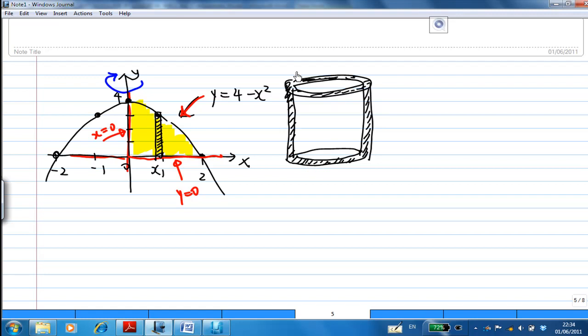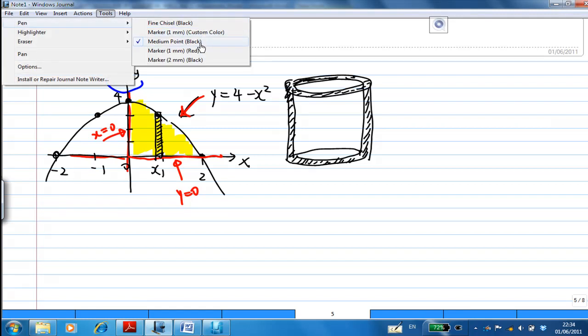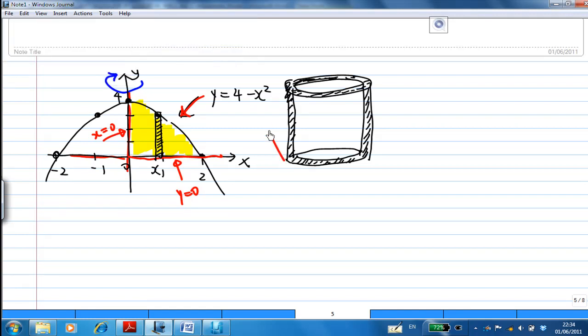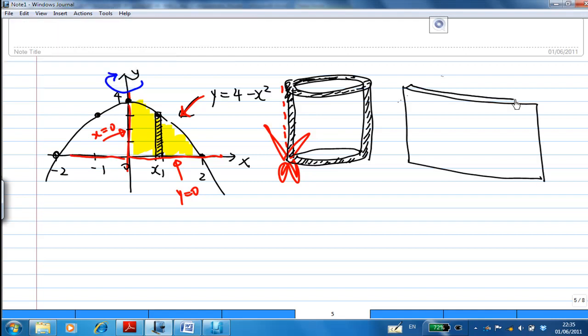And how to find the volume of this thin shell? This is a shell, the center is hollow. So what I'm going to do is cut the shell on one side and open it and roll it out. So when I cut it open and roll out, this will be the thickness of the shell.